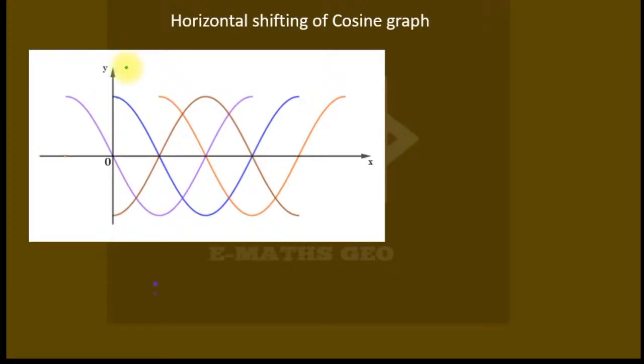Okay, welcome back. We have 4 different graphs here, but one of them is used in getting the remaining 3. If you look at this one, the blue one is the parent graph. So there are some features. We have here A, and here minus A. The absolute value of A is called the amplitude.